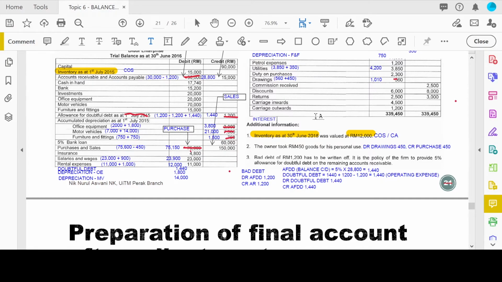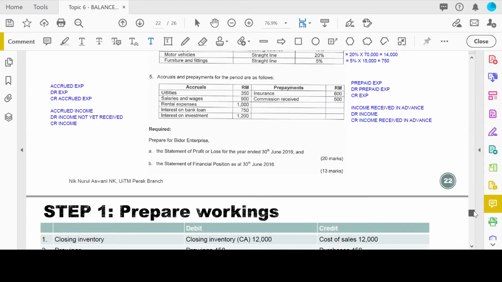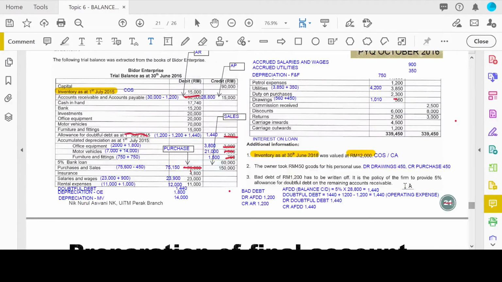So interest on loan of how much? 750. Okay, credit. Sorry, interest on loan, debit. This is an expense account, 750, but accrued interest on loan is to be credited.